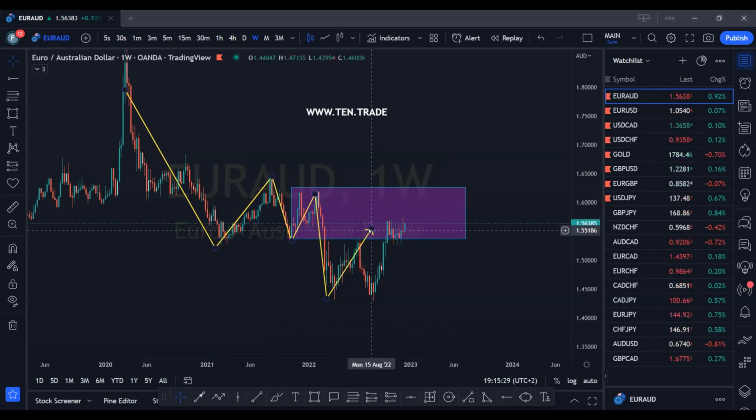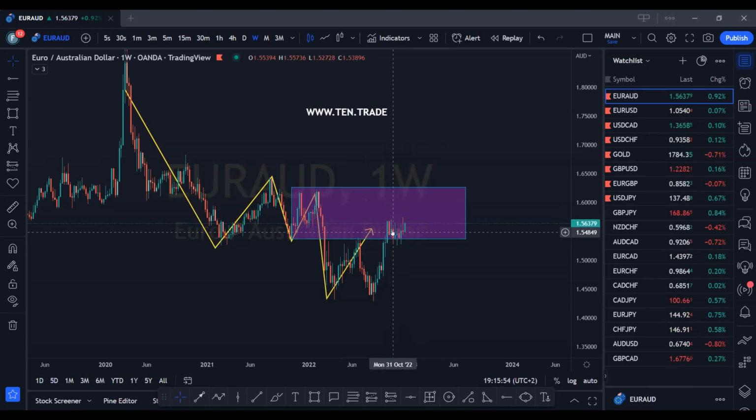Now, price is in a supply on a weekly. So the general perspective on Euro AUD would be to look for an opportunity to sell here. But because this is the weekly time frame, even though we are anticipating sales, the sales is not going to start like that.